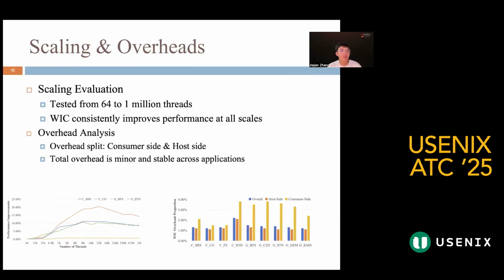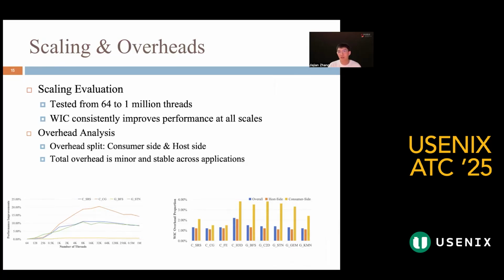Okay, and then we test how WIC performs in terms of scaling as well as overhead. First, the scaling. We scale up the number of threads from just 64 to 1 million.